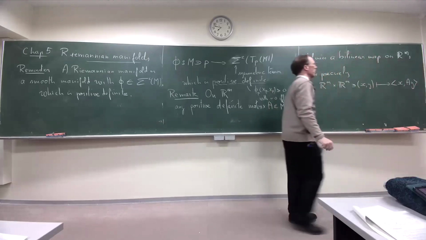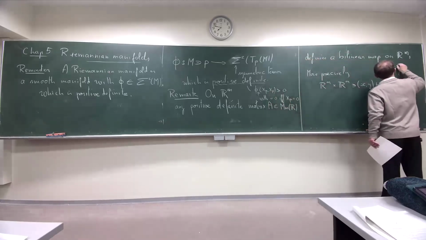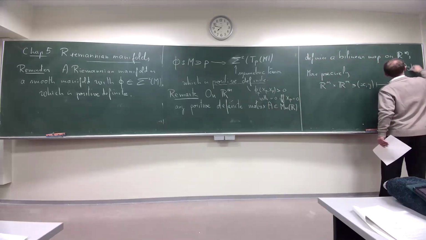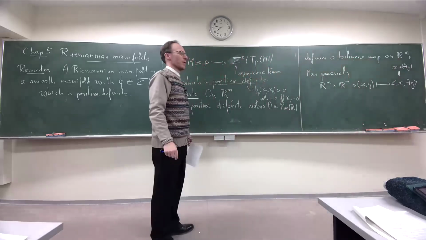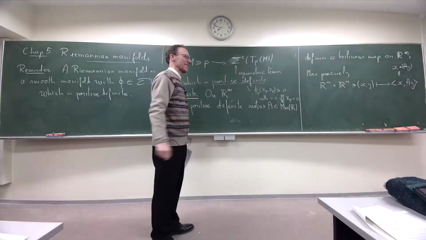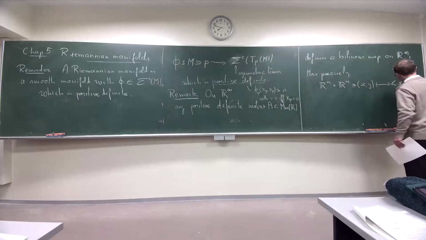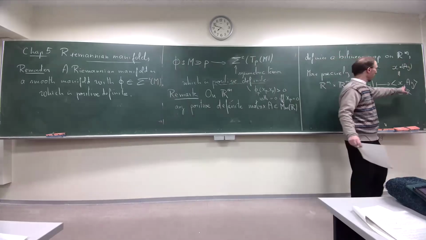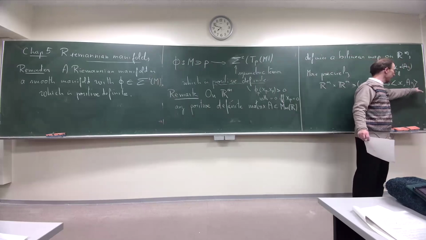This is my notation for scalar product. Maybe you prefer x dot Ay. Okay, but no matter, this is a real number. Why is it linear? Check, it's linear in y: if you take y1 plus lambda y2, it's linear in this argument.